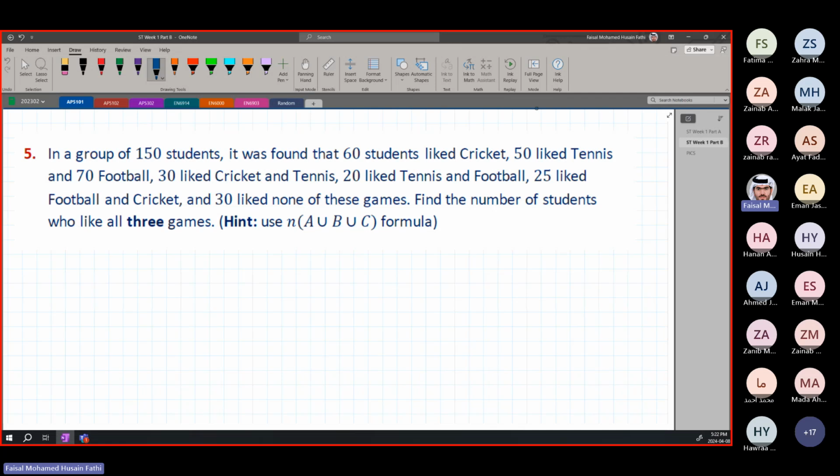Find the number of students who liked all three games. Now, we have to go step by step here to understand all the processes. So we know that U, meaning the total, everything, the number of students, the N of U is going to be equal to 150 students.